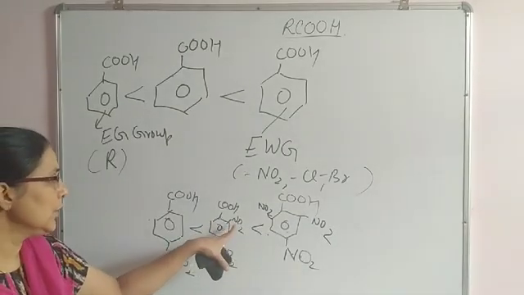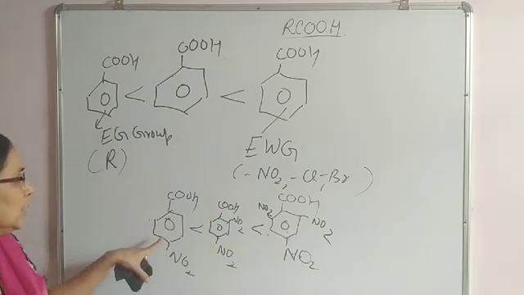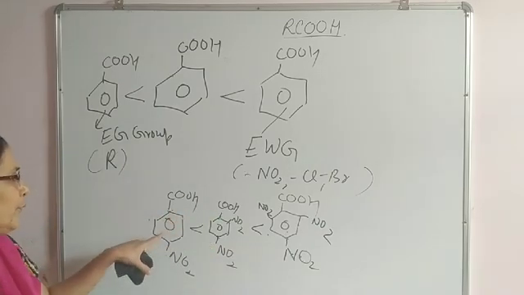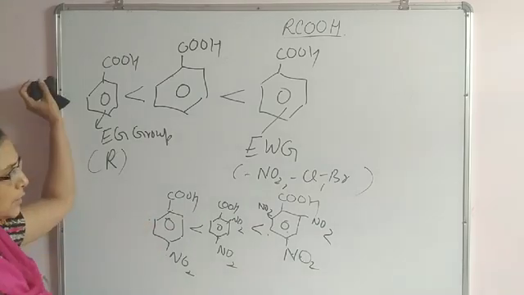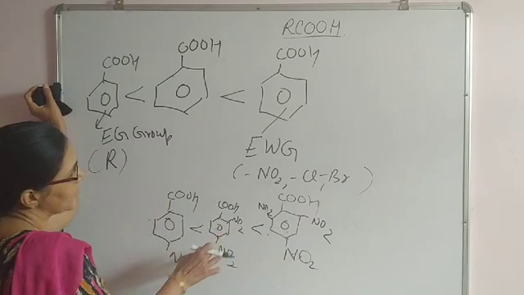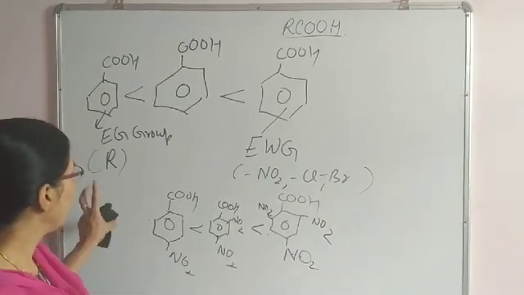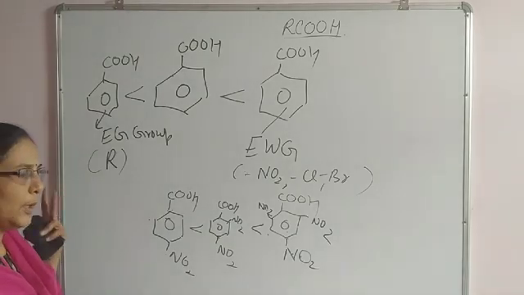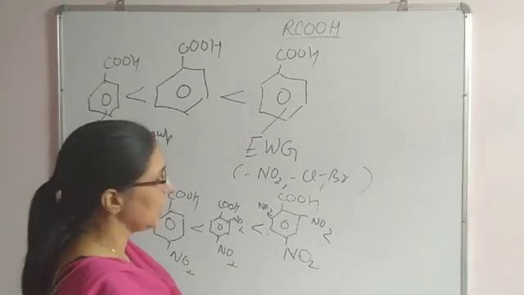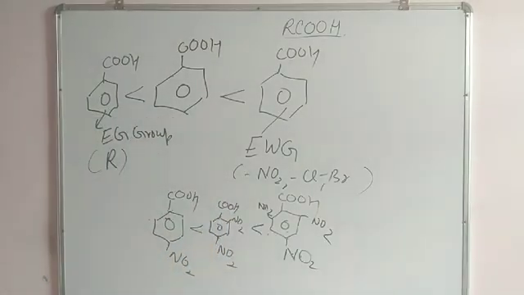Here you will say 2, 4 dinitrobenzoic acid. Here 1, 2, 3, 4 nitrobenzoic acid. It means 3 nitro groups means most acidic, 2 nitro groups less acidic, and least acidic if it is one nitro group. If no nitro group, then that will be the least acidic in nature. So that's all about acidic character.